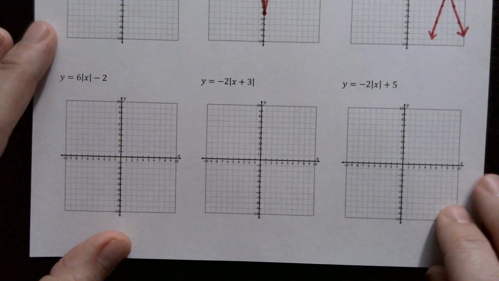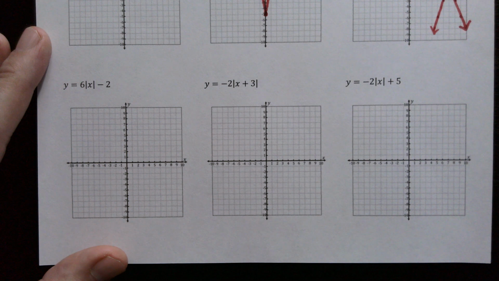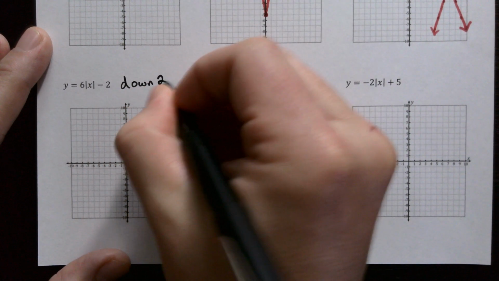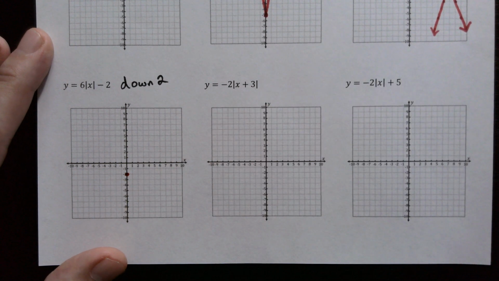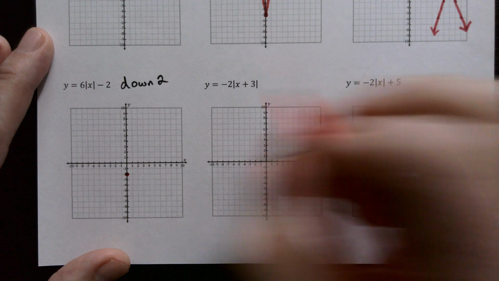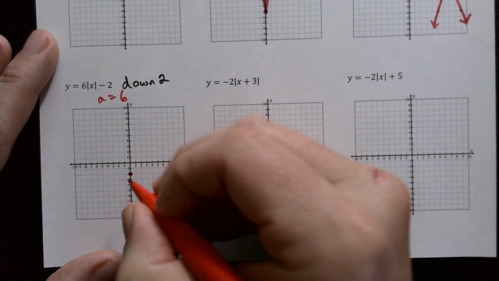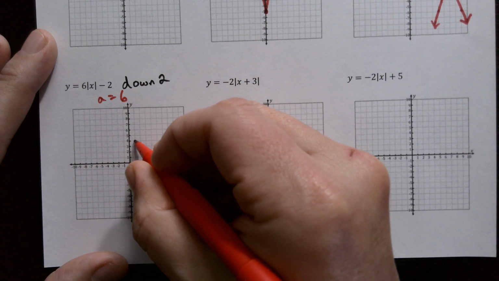Okay, 3 more. This one we have y equals 6 times the absolute value of x minus 2. The minus 2 is going to make it go down 2. So our new vertex will be here, down 2 from the center. Our A is 6, so we'll be opening upward because it's positive. So I'll go 1 over and up 6: 1, 2, 3, 4, 5, 6.